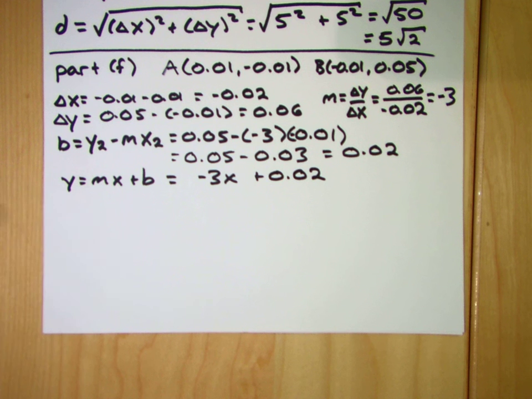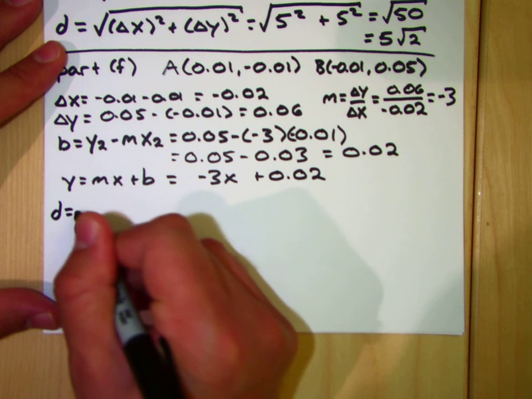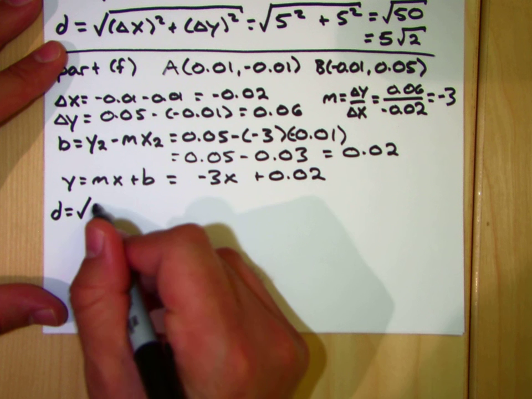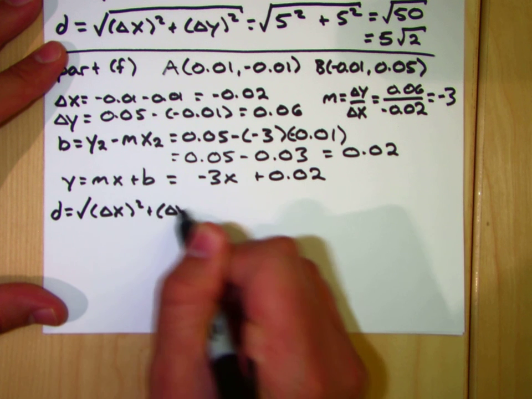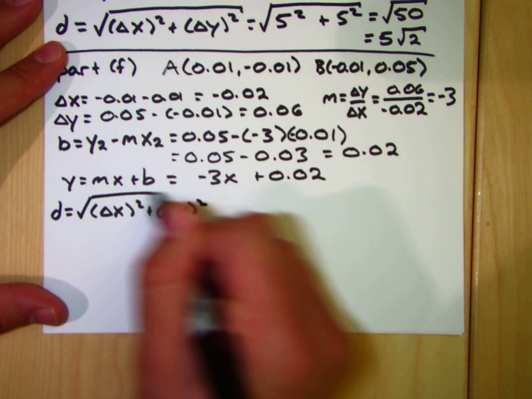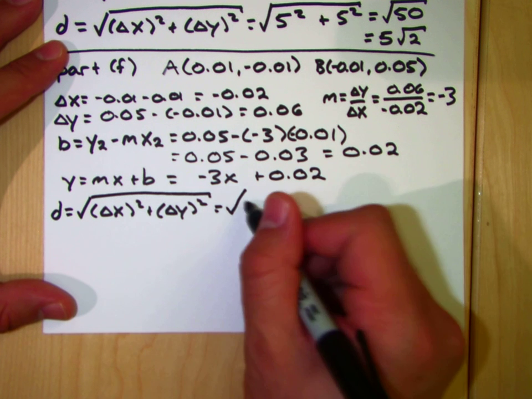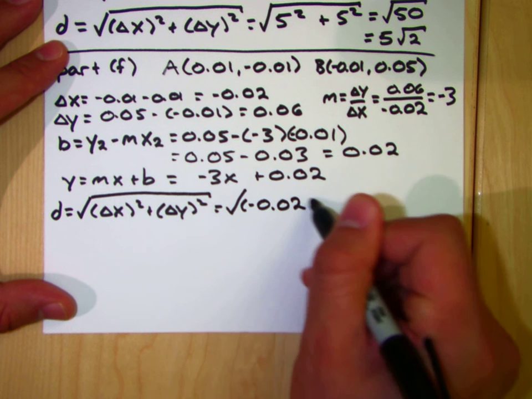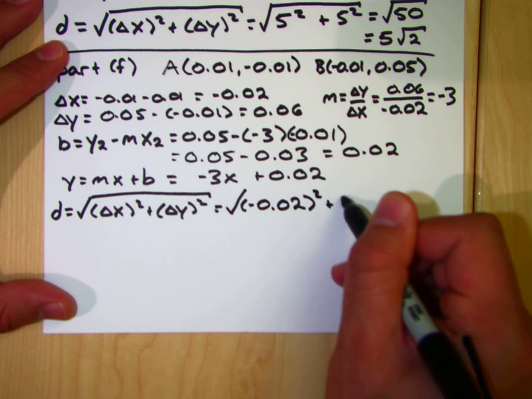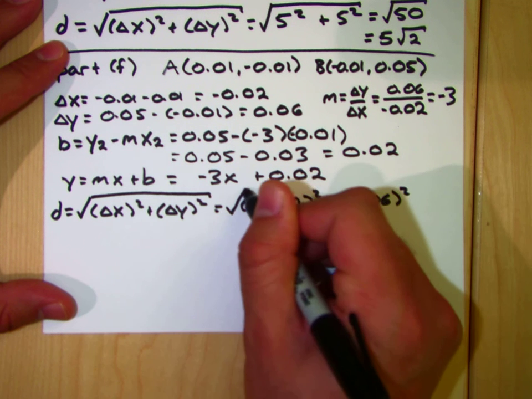And then finally, the distance between these 2 points is equal to the square root of delta x squared plus delta y squared, which is equal to the square root of negative 0.02 squared plus 0.06 squared.